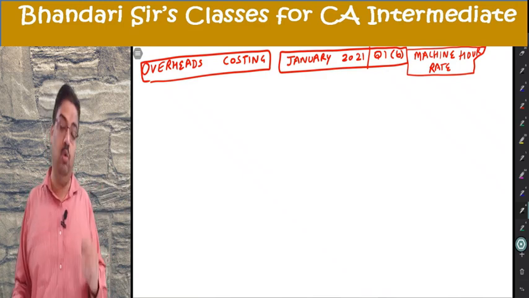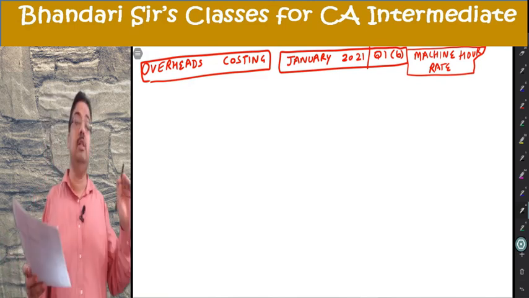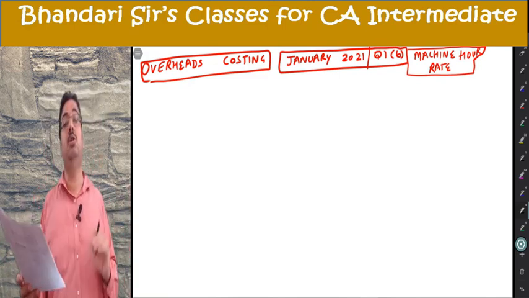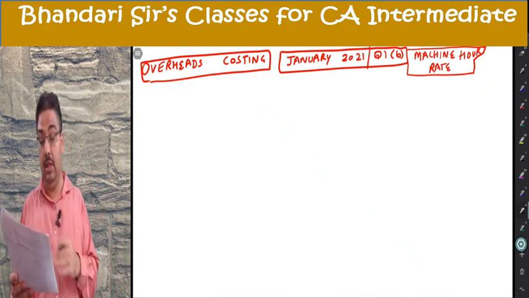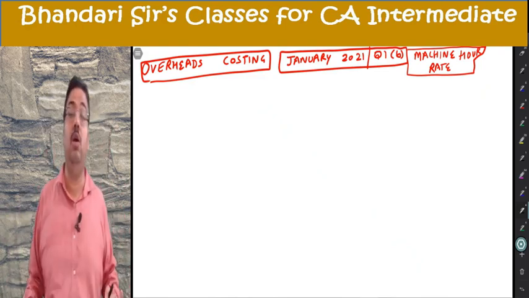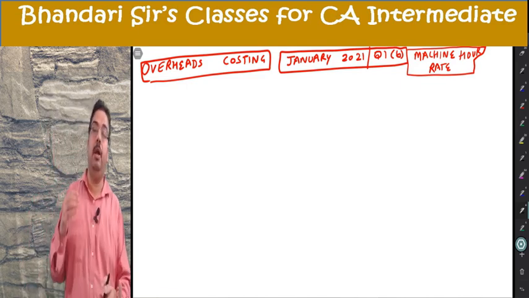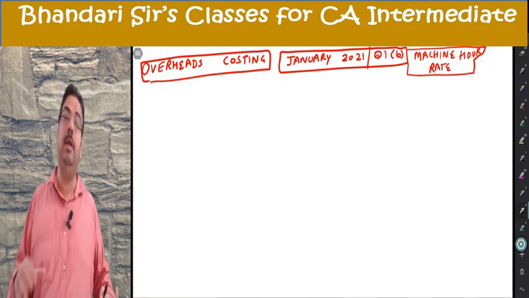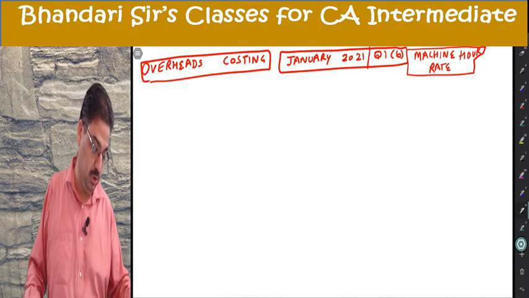Very, very important. 2 working notes I am going to make related to workers payment and also later on the net working hours. They are based on this much data only, and question is wanting comprehensive machine hour rate, so operator remuneration will come. If it were not comprehensive, operator wages and operator bonus will be ignored for that purpose. So I start with working notes in this question.